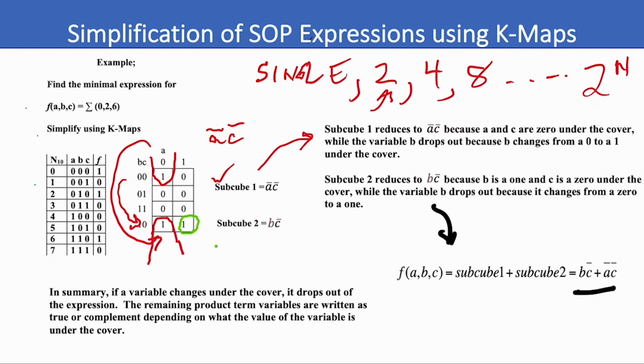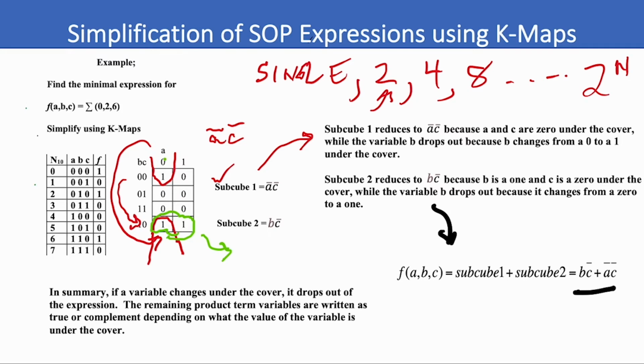But we don't have to cover just one. We can cover 1, 2, 4. And in this case, we can cover 2, because we can cover a 1 that's already been covered, and that's okay. We can do that. So we cover these 2 ones right here because they're adjacent to each other. So for this subcube, we notice that B is a 1 and C is a 0 under this cover right here, B, C bar.